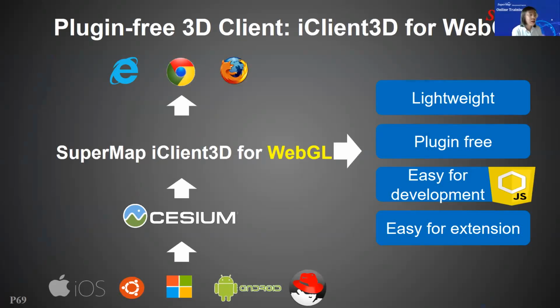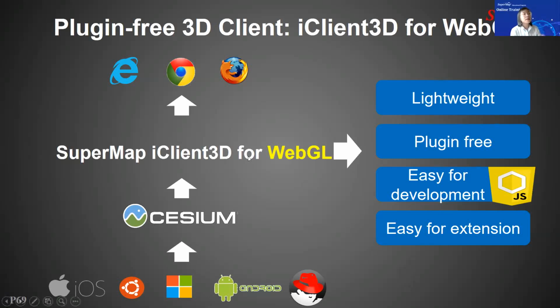It's developed based on Cesium, and it can work in different browsers and different terminals. So you also can view your 3D project on your mobile phone. It's very lightweight, and you don't need to install any plugin.